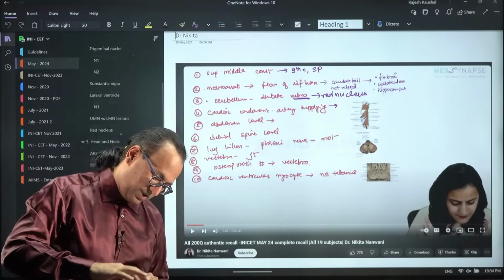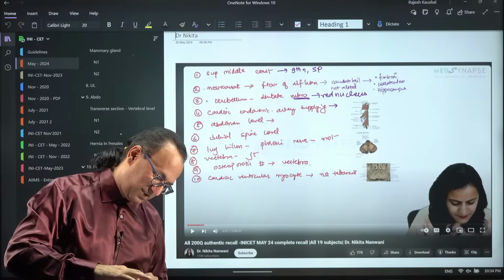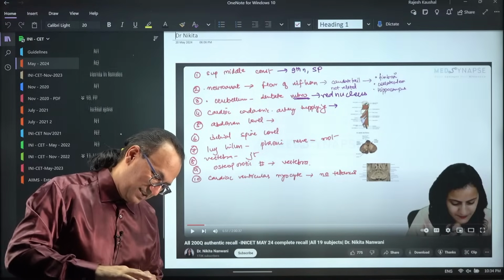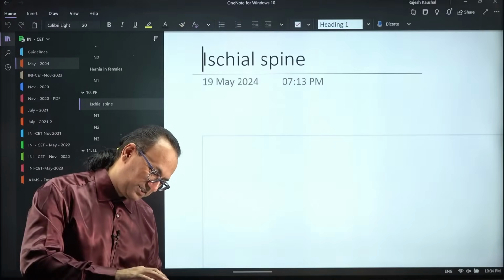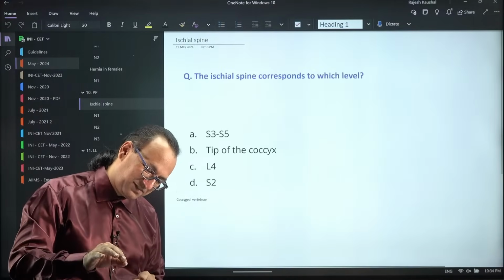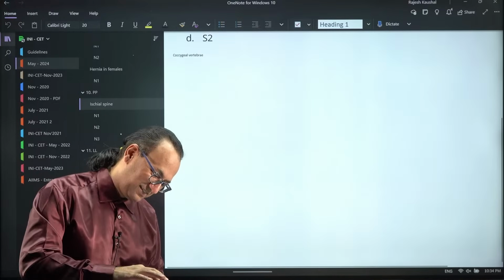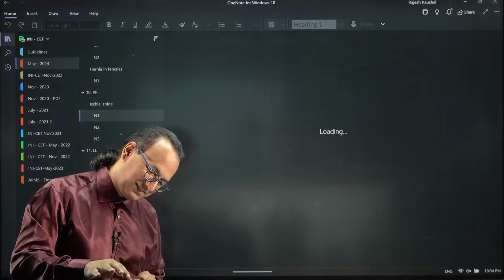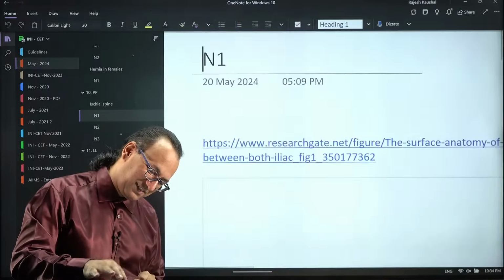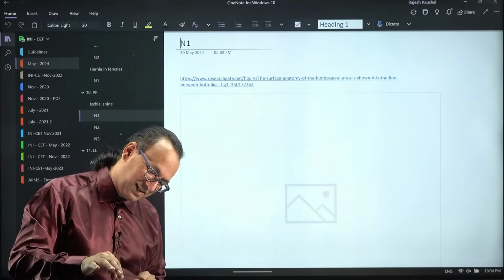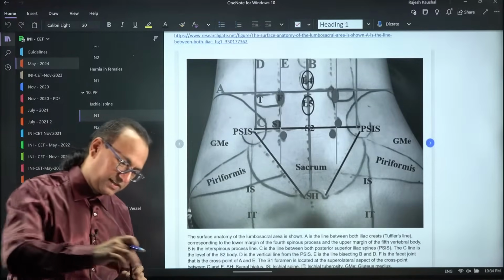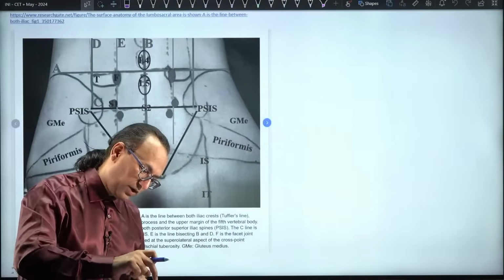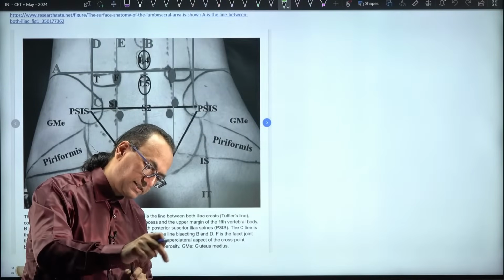But now let us look at that thing. Ischial spine. Yes, very good. Now you tell me the details. I was hoping that this would have synced, and it has synced.